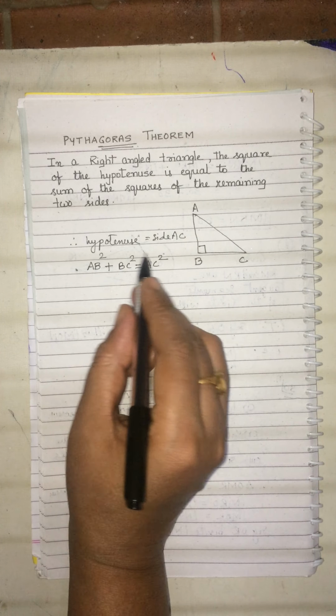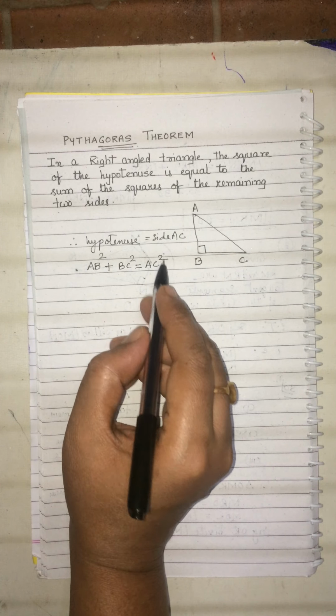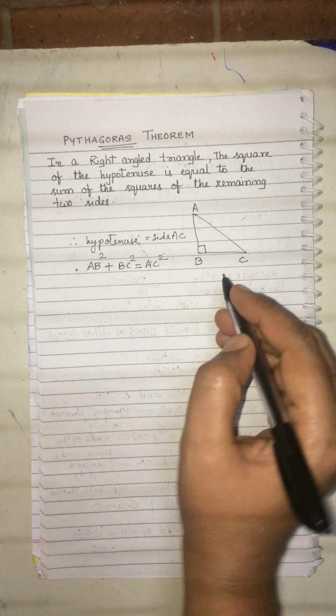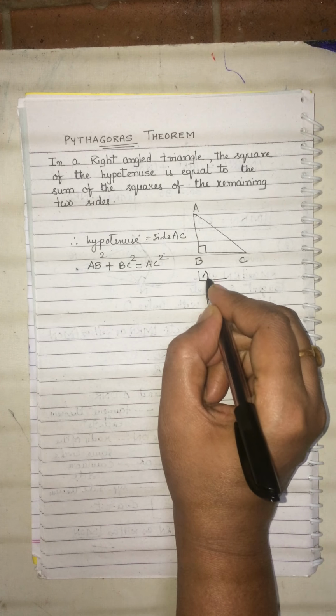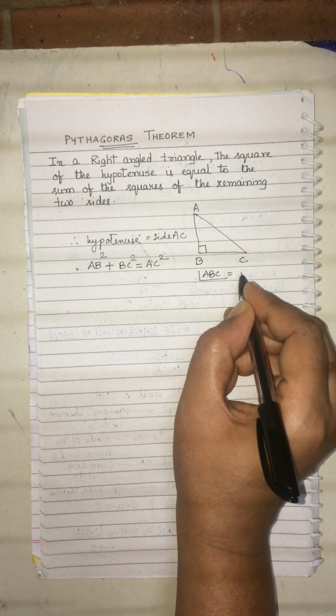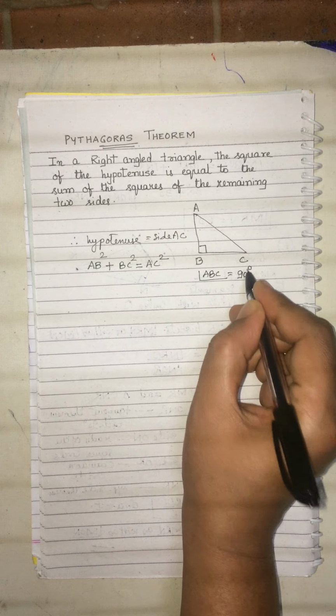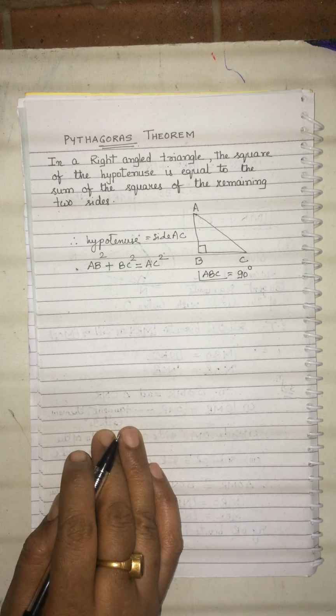So this we have to remember in our minds, and this can happen only when an angle of the triangle is a right angle, that is 90 degree.